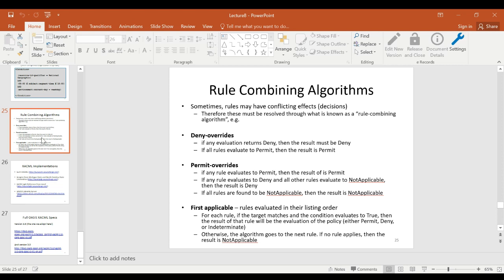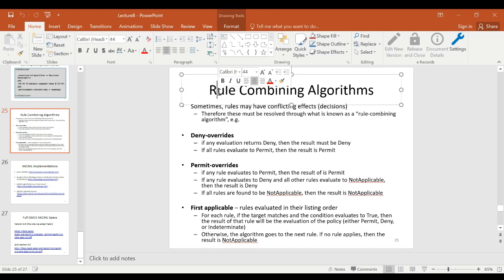So this is where we need what we call a rule combining algorithm. A rule combining algorithm allows us to combine those decisions, which could be different, into one final outcome.